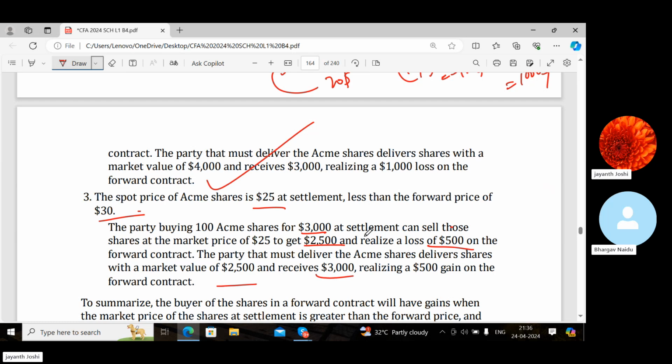If the spot price is 25 and the forward price is 30, you are making a loss of $500. Okay, so your loss is whose gain? The other party's gain, right? Seller. So the party that must deliver the Acme shares delivers shares with a market value of this much and receives this much. For them it's a gain, for you it's a loss.